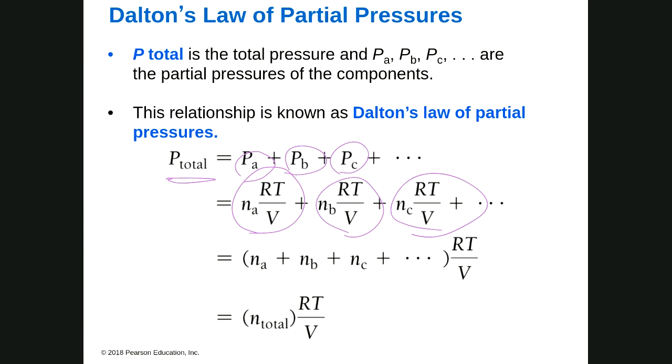Since you can use the distributive property, you can add those gases together and multiply the whole thing by RT over V. So the total number of moles times RT over V will give you the total pressure.